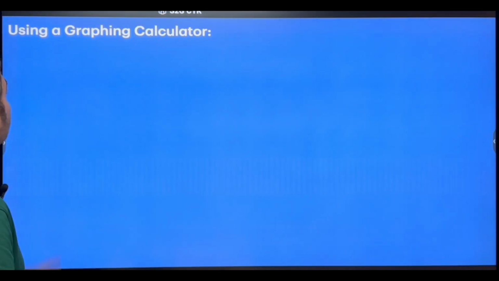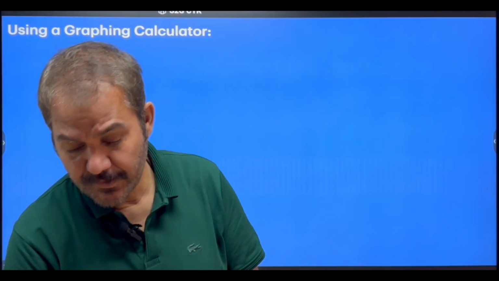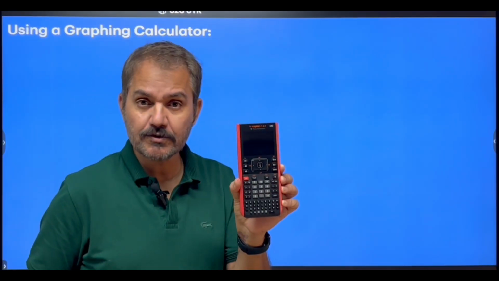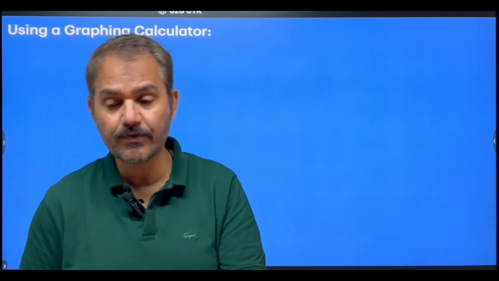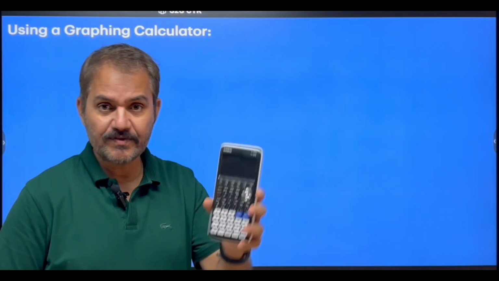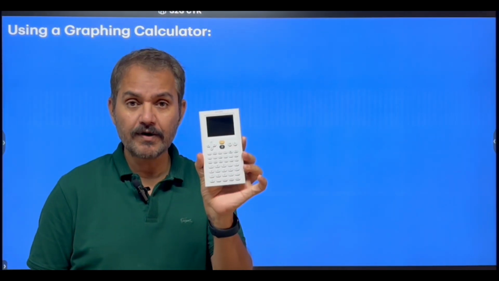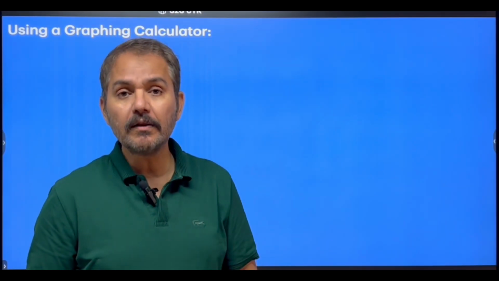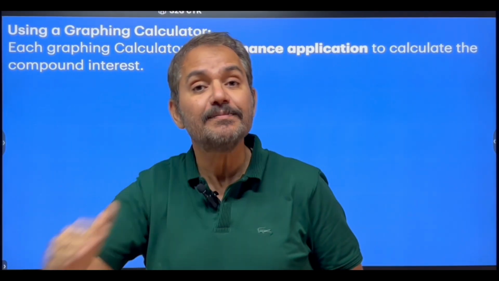Now what happens in a calculator using a graphic calculator? All graphic calculators, whether you have a TI Inspire CX2 or CX2T recently, or a TI-84 Plus, or a Casio CG50 or CG100, or a Numworks calculator, or an HP Prime calculator, have a finance app, and in all these apps you can find compound interest in a similar way.